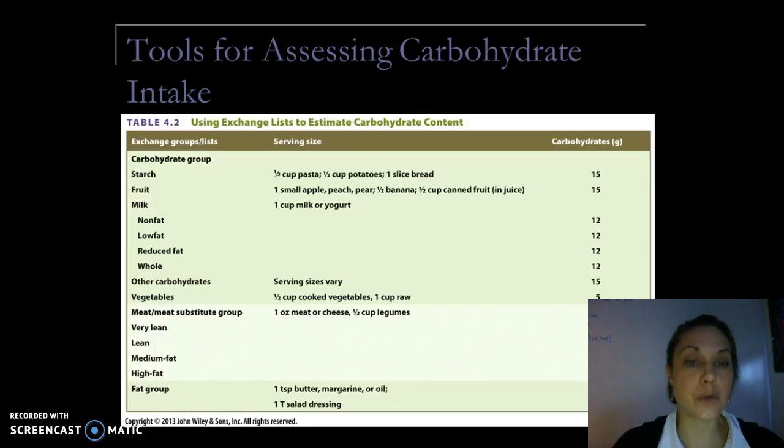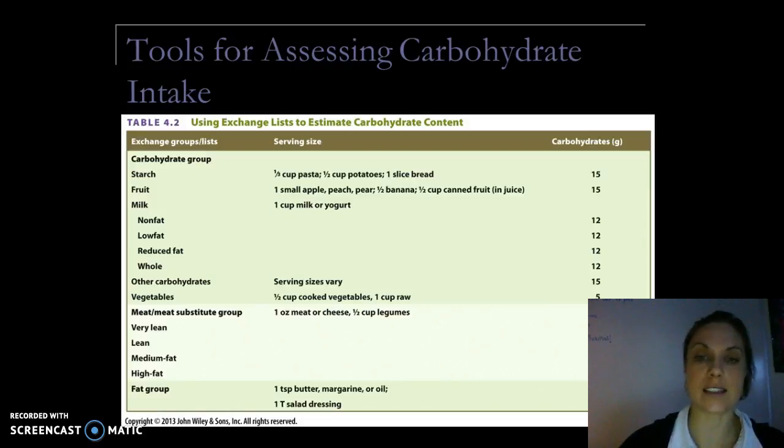Different food groups have different amounts of natural carbohydrates. So as you can see here, groups are separated a little bit differently than Choose My Plate into the starch, fruit, milk, other carbs, vegetables, meat and meat substitute groups. And so you can see that there's a variety of different given carbohydrates for each of those and the portion sizes.